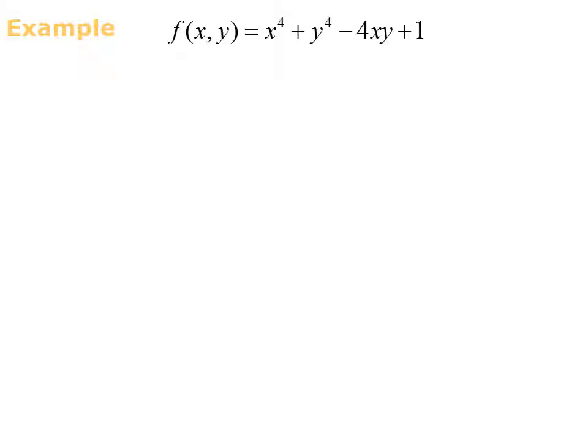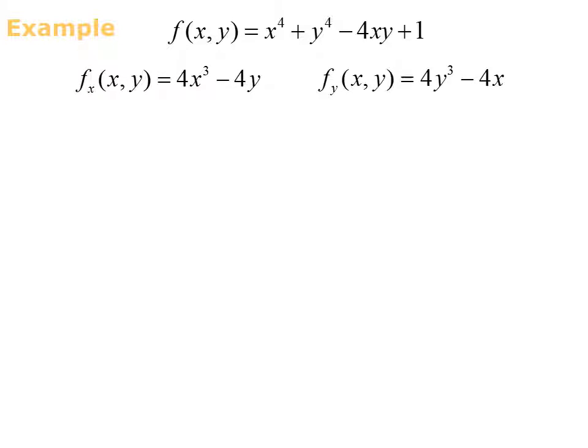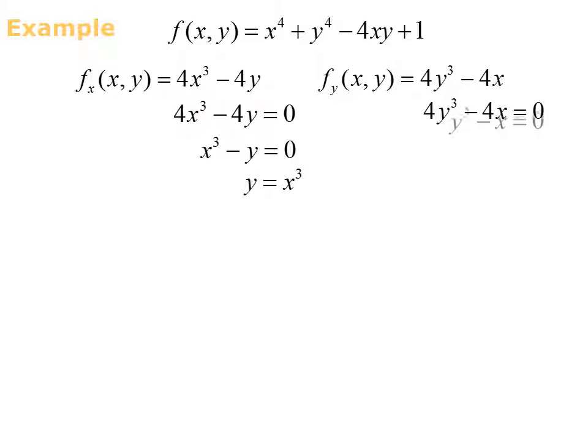So our computation is we do the partial of x, partial of y, set those equal to 0, and try solving. Well, that's about as far as we can get with that. We'll take the other one and set it equal to 0 and try solving. Now, we did this back in algebra.